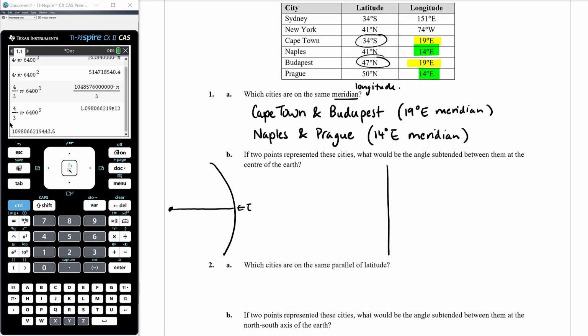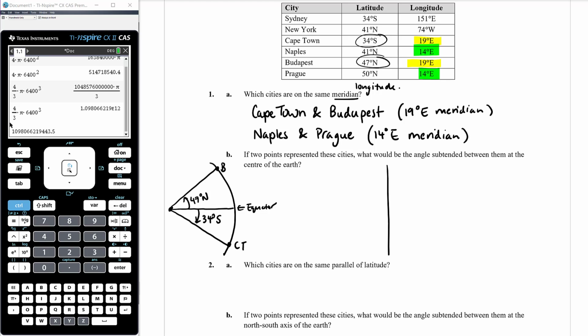Then Budapest is 47 degrees north of the equator, so that would be where Budapest is. And Cape Town is 34 degrees south of the equator, so not quite as far south as Budapest is north. So this is Cape Town down here.